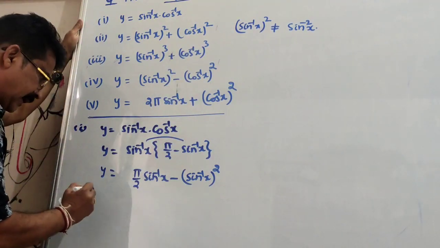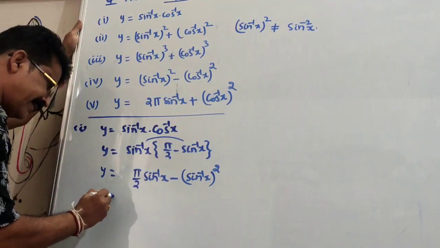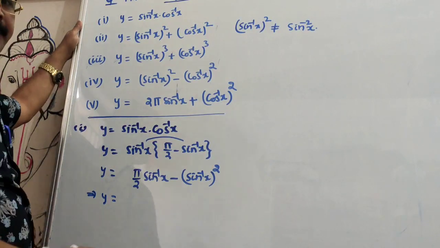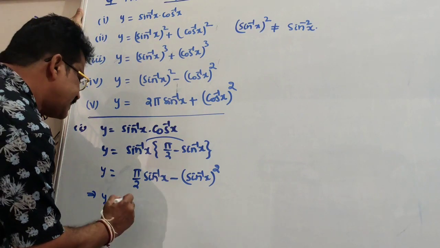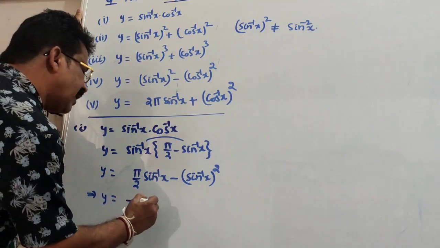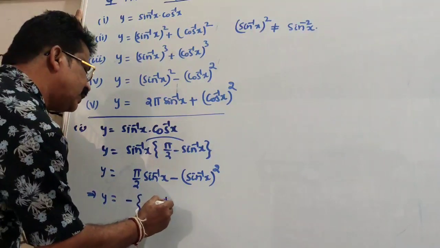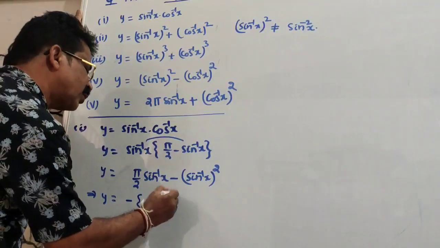So now I am trying to express this in terms of perfect squares. So minus common, then it is sin inverse x whole square.